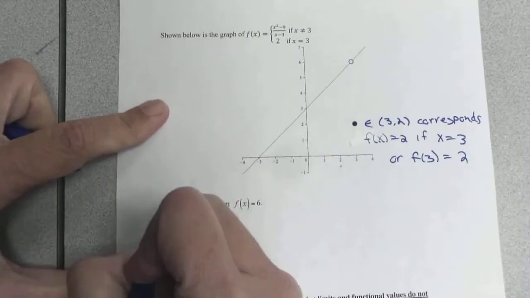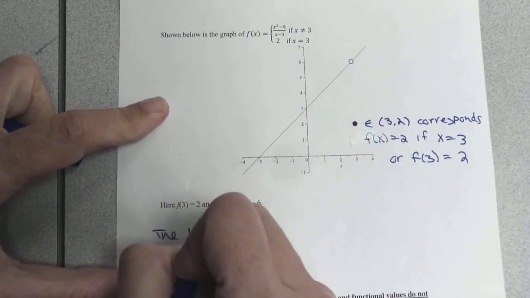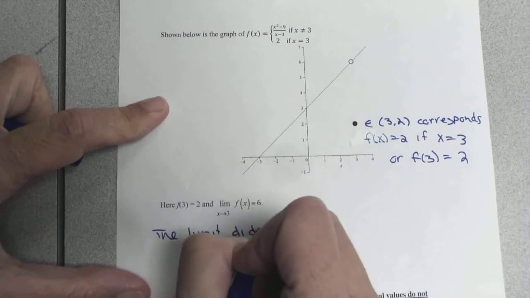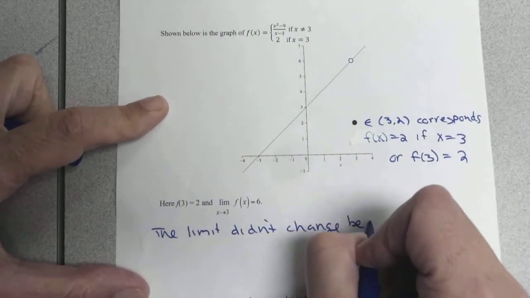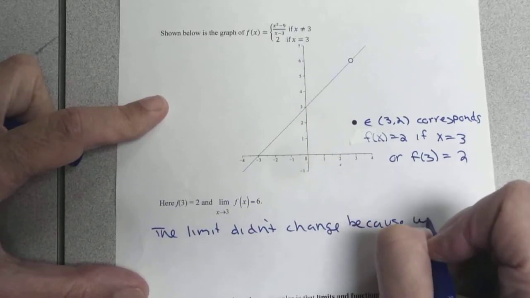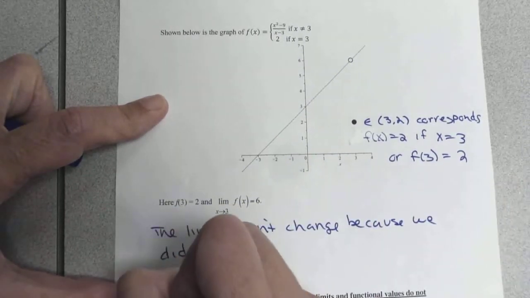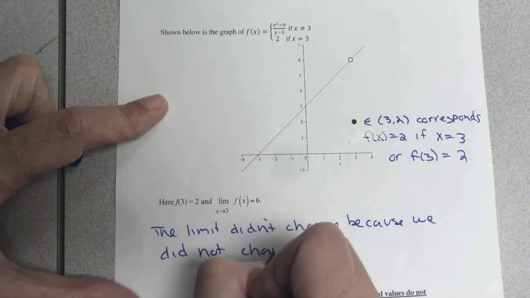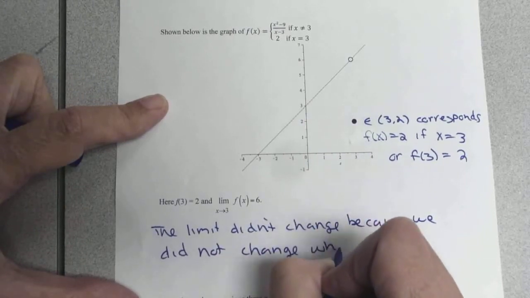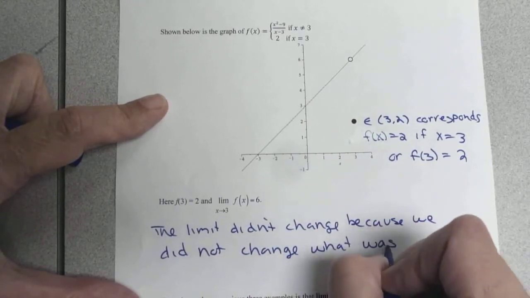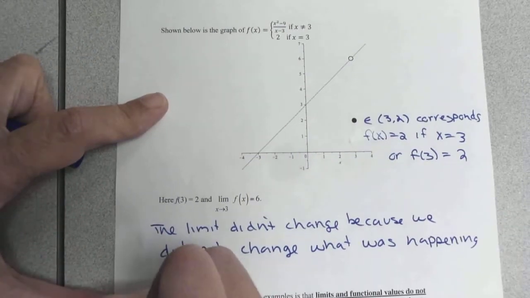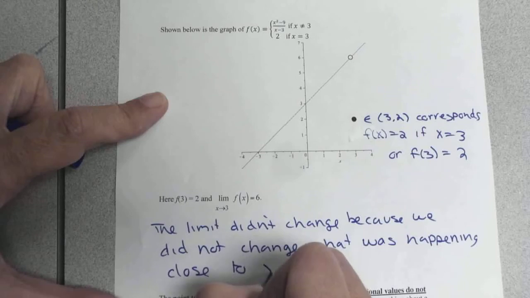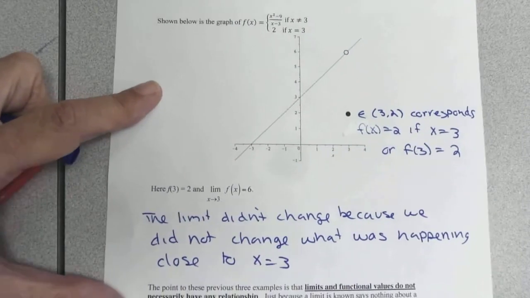The limit didn't change because we did not change what was happening close to x equal 3.